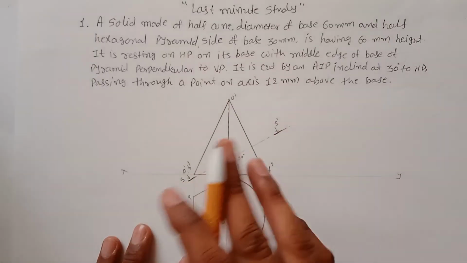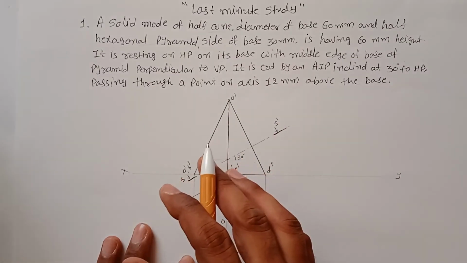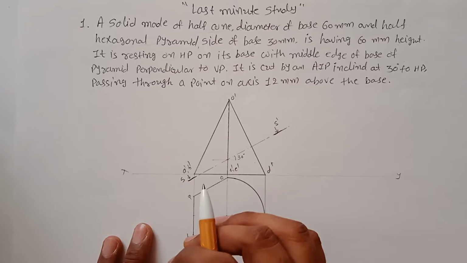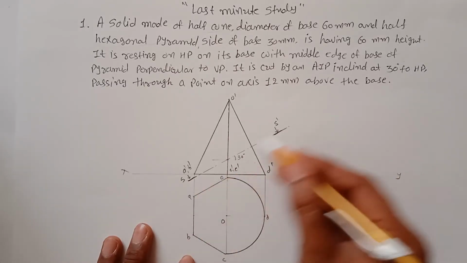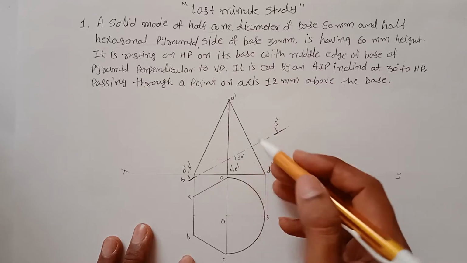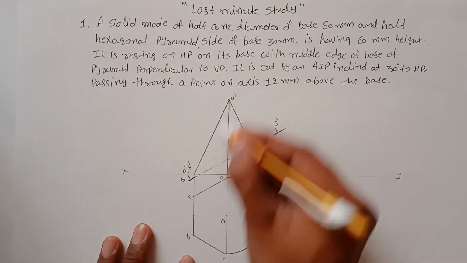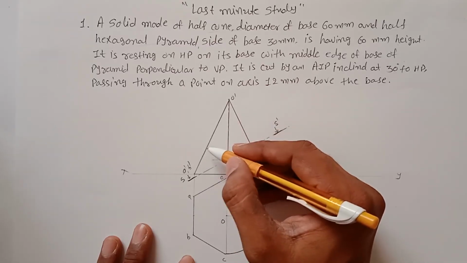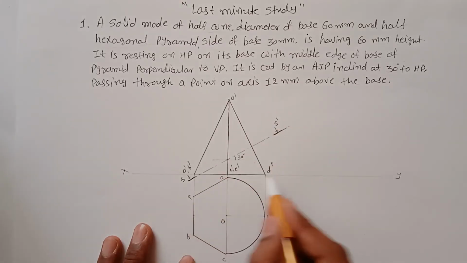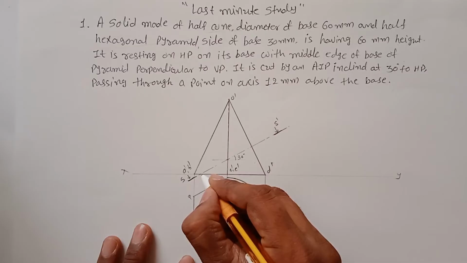You have to find out each and every point which connects this section line with the corners or the base. So let's start with the O dash, A dash, B dash. This line is not connecting with the O dash, B dash. Then you have to observe it, this point is connected here.